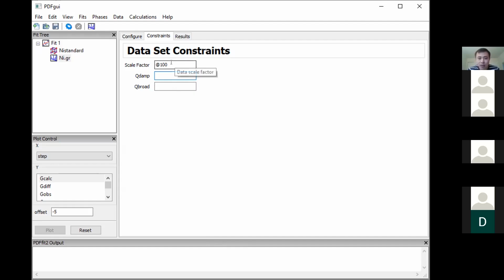So what I normally do is use 100, reserve this one for the scale factor, and I use single digits like 1, 2, 3 for lattice parameters. So when I look at the final fitting sheet, the list, when I look at 1, 2, 3, I know those are lattice parameters, and I reserve the double digits for the thermal parameters or for the atomic displacement parameters.